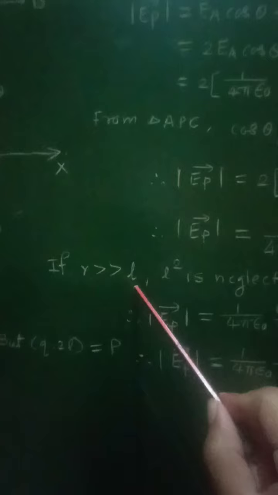Now we will use an approximation. If the distance R is very large as compared with L, then L square will be very small, and therefore it will be neglected.